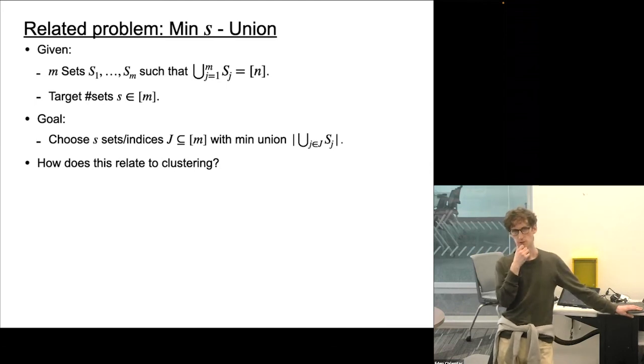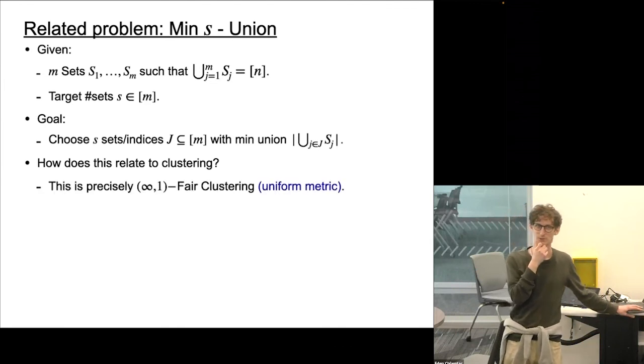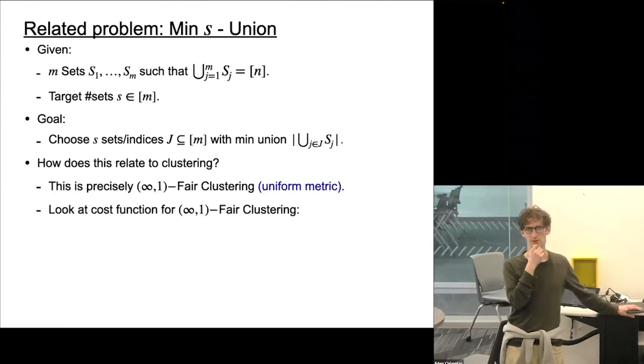Okay, so how does this relate to clustering? This is probably too late in the talk to go through this, but you'll have to believe me that this is exactly infinity-one fair clustering.